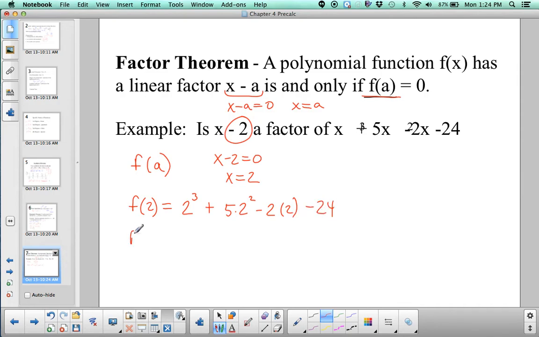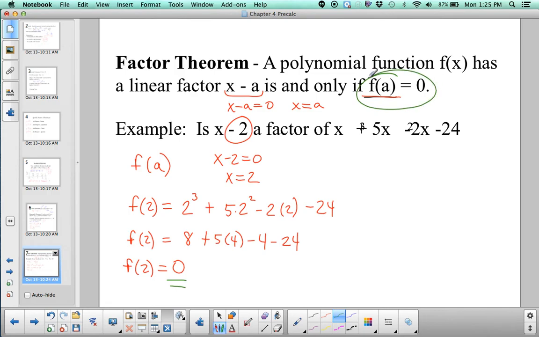Now I can simplify: 8 plus 5 times 4 minus 4 minus 24. Take that a step further and simplify, and I get 0. And now we can see that if f of a is equal to 0, then what we know is that x minus a, which in this case is x minus 2, is a factor.